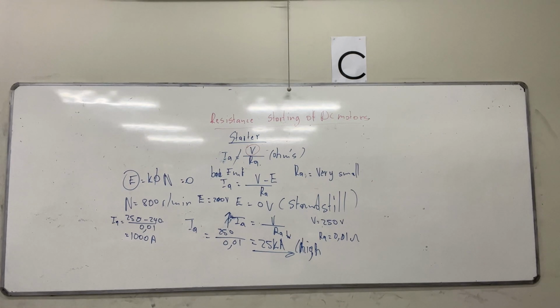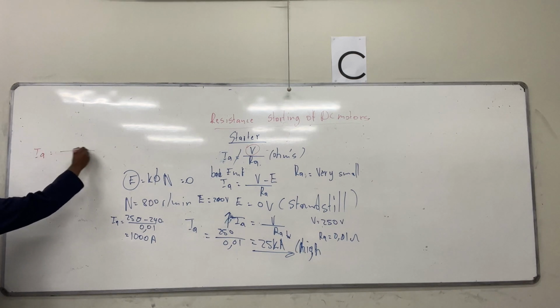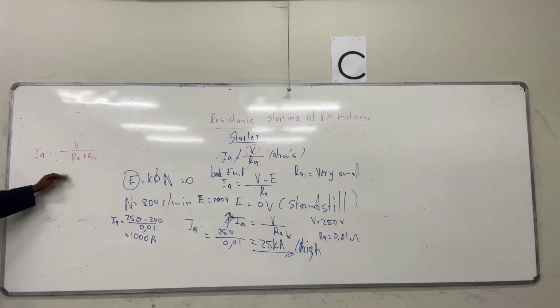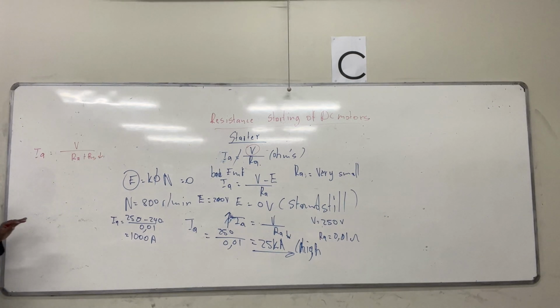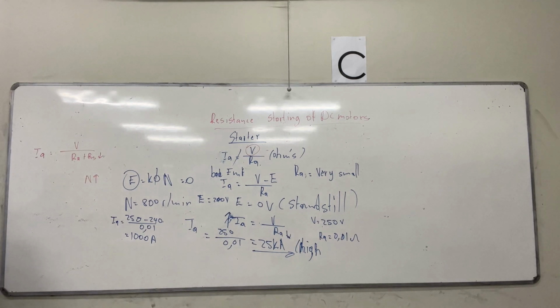So basically armature current iba njani? RS yintoni? Starting resistance. La starting resistance gradually decreases as the motor starts to gain speed. Yabo? Okay, that is what a starter does.